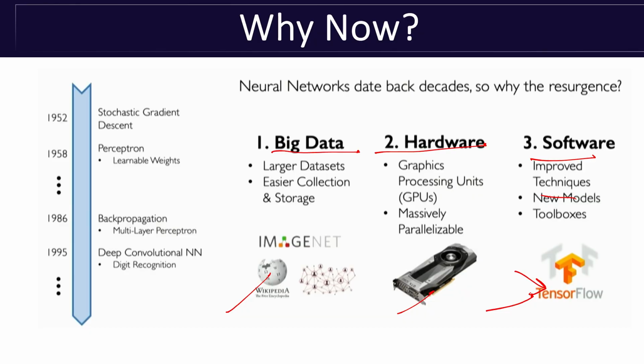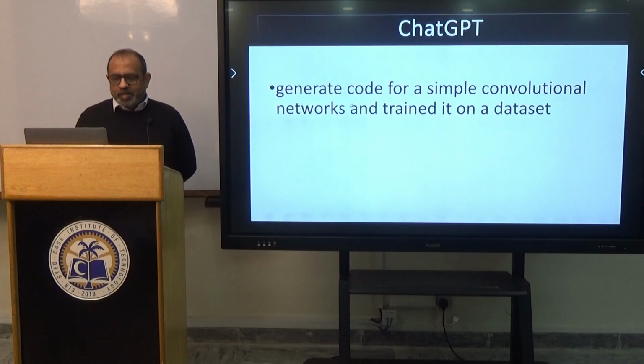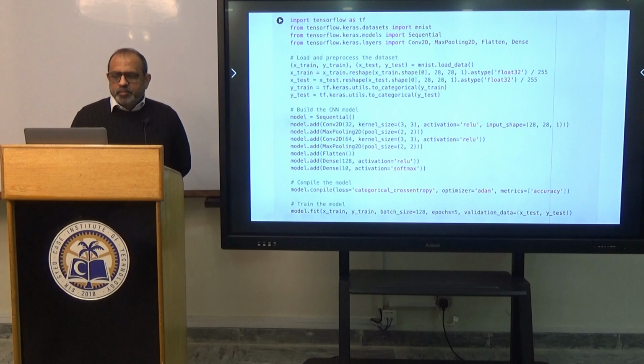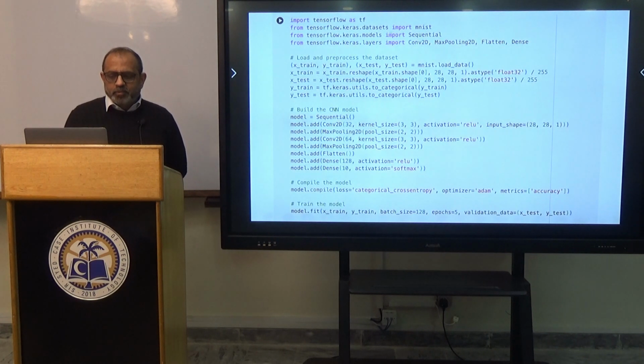So if you have good computational resources, for example, I asked it to generate code for a simple convolutional network and train it on a data set. Look, what it has done is first TensorFlow. So we need to understand TensorFlow, and in TensorFlow it is using Keras, and in Keras it has a data set which is already there. It has a model.